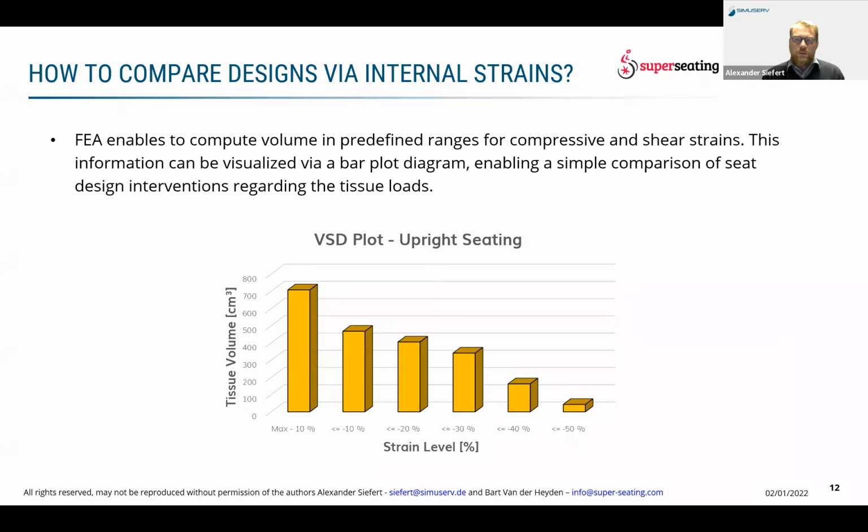We are just doing the simplified analysis using VSD to compare easily, and you will see that later on. It's really easy to understand, and we can make the information simple to understand, and maybe also share it with customers or patients so that they get an idea what's going on. And I will now hand over to Bart, introducing more of the clinical part of our pilot study.